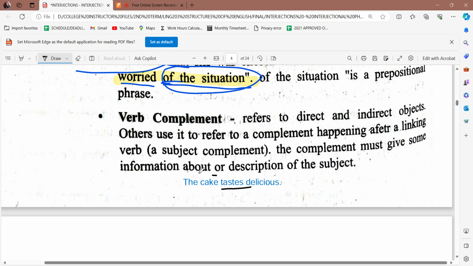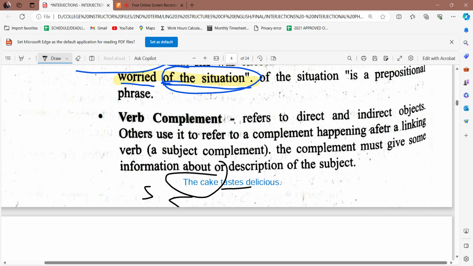And then our subject is the cake because we're talking about the cake. Now, what complements the subject? Take note, verb complement refers to direct or indirect object. Others use it to refer to a complement happening after a linking verb. And then the complement must give information about or description of the subject.